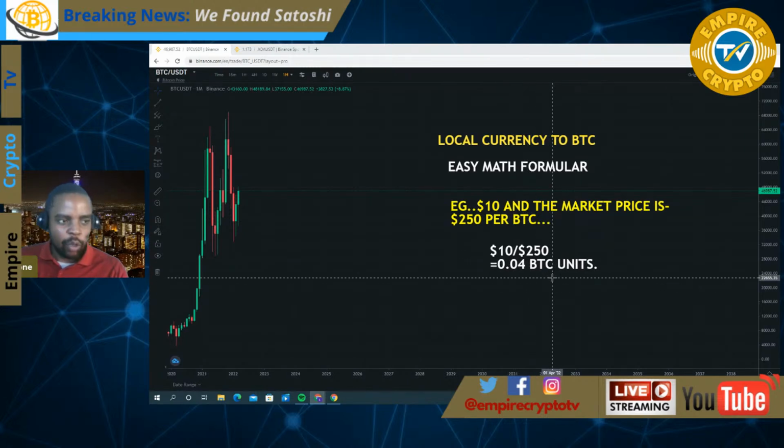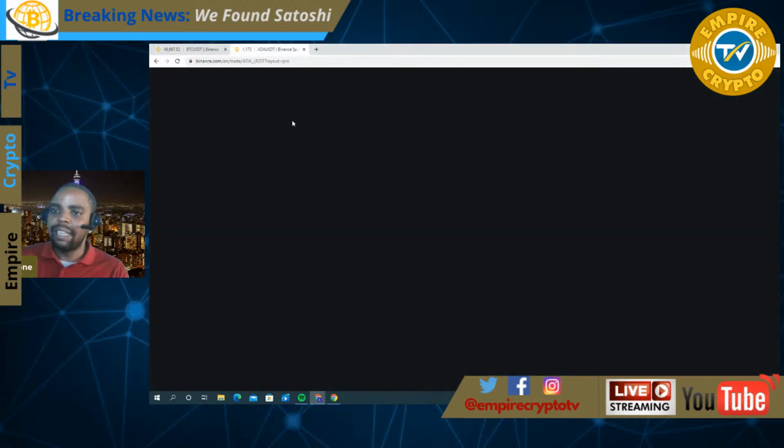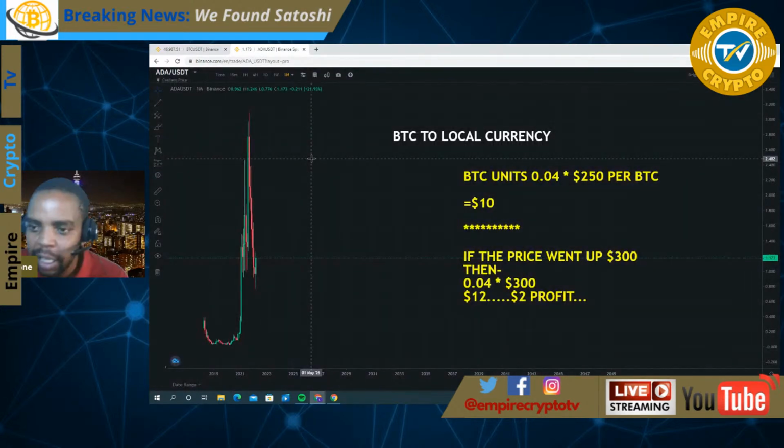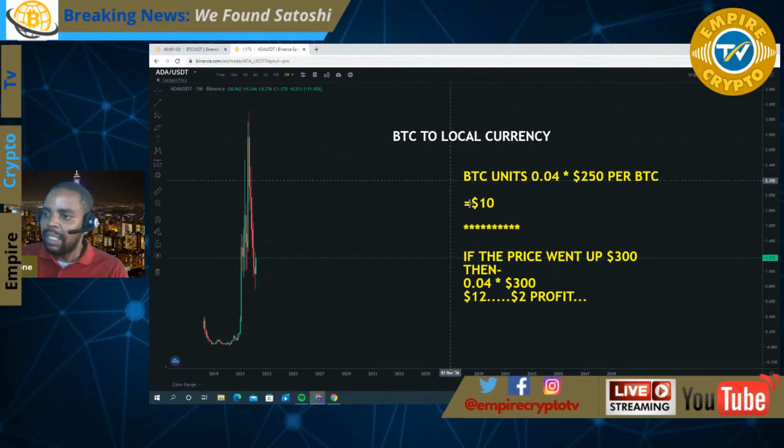You use units. For instance, now let us do it vice versa. Let's say you have Bitcoins already. You have already invested in the cryptocurrency space. What you do, you simply take your BTC units from your wallet. And let's say you have 0.04 BTC like you had before.